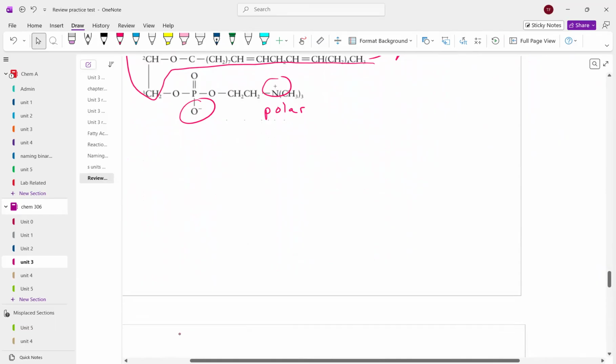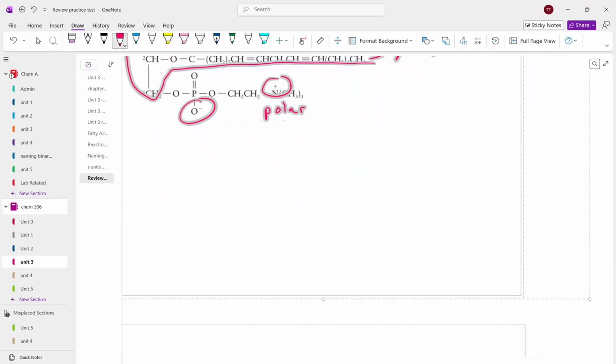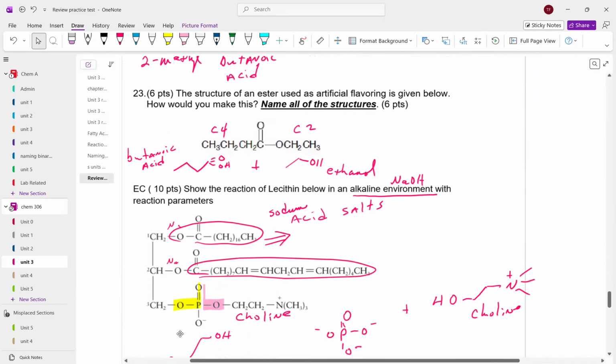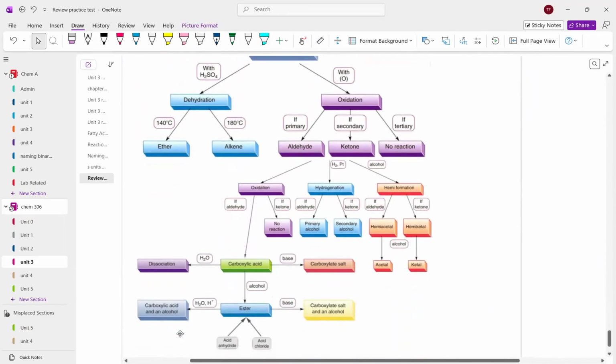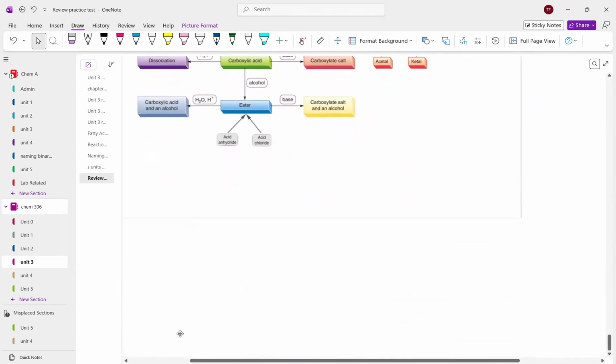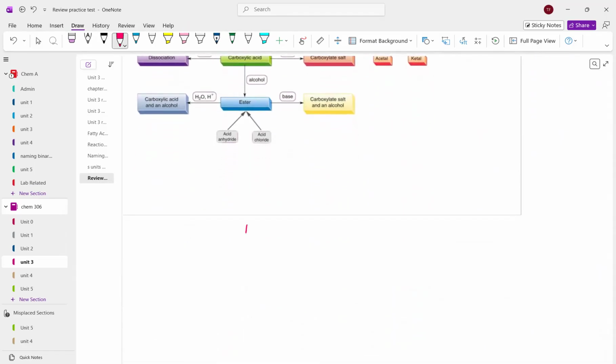For example, let's just stop here. Make that three different ways.